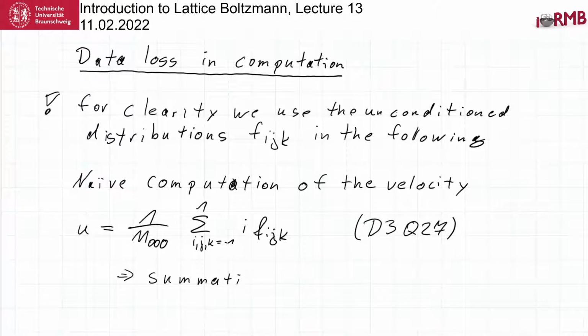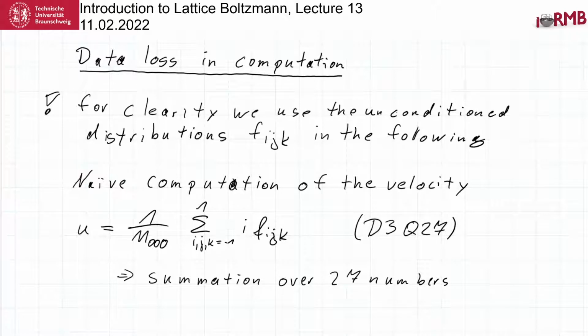And this is a summation over 27 numbers, and okay, so there are several reasons why this is not efficient. First of all, small loops in modern programming languages are usually not very efficient in the first place.